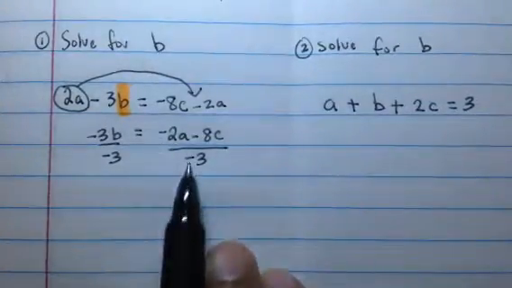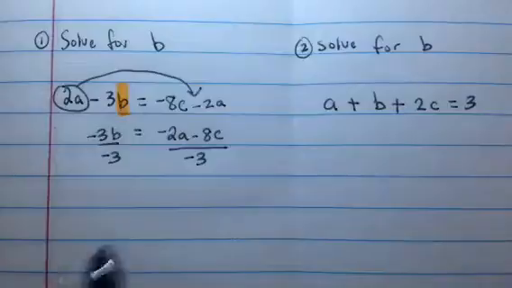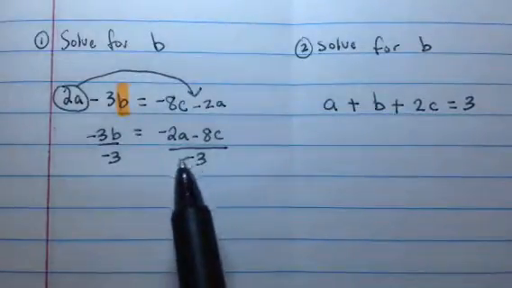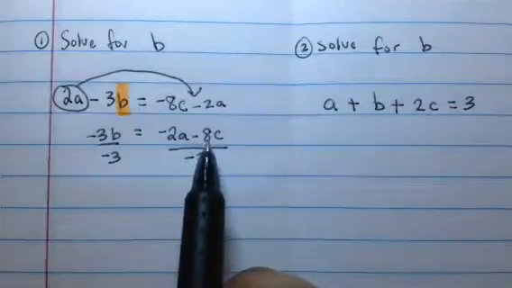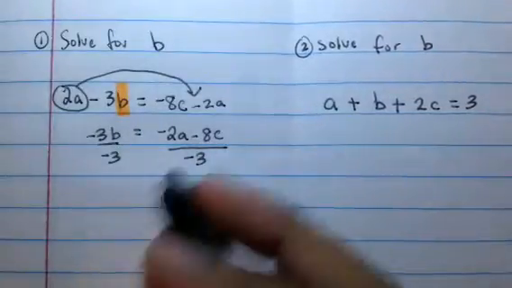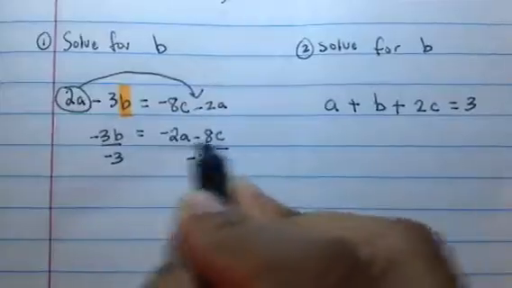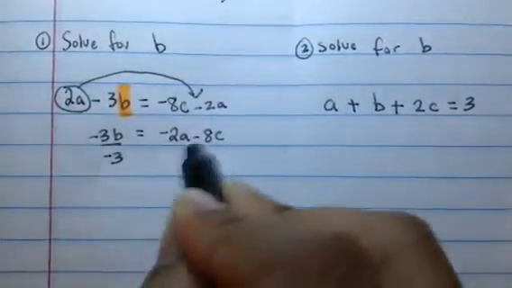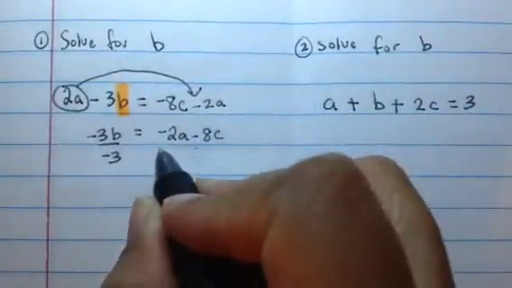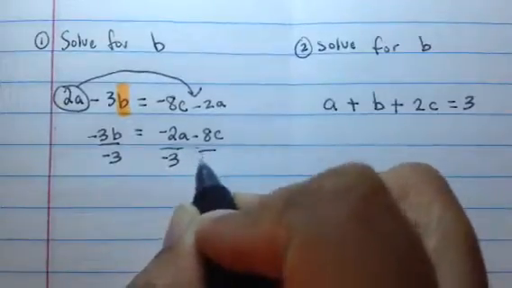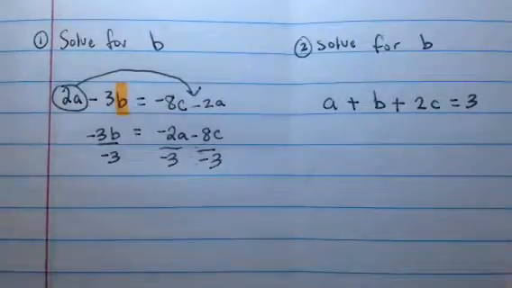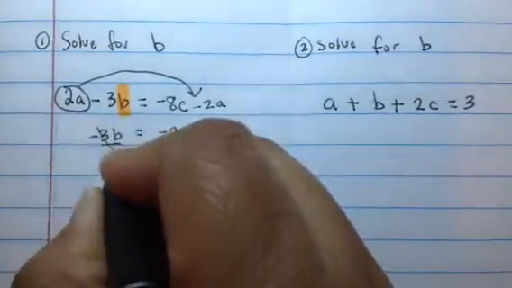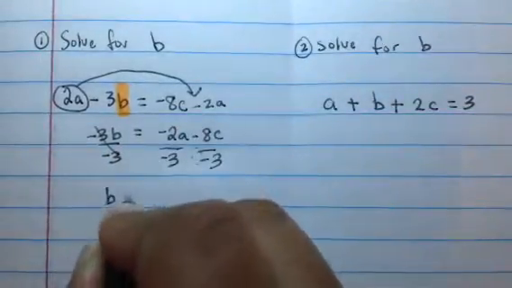So negative 2 divided by negative 3 doesn't reduce, and neither does negative 8 divided by negative 3. Here's essentially what I'm saying. So I've divided every single term by negative 3. So now I'm left with b by itself.